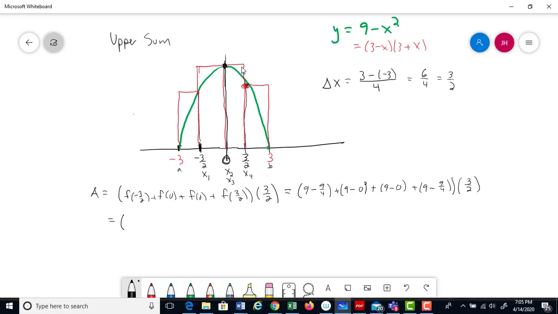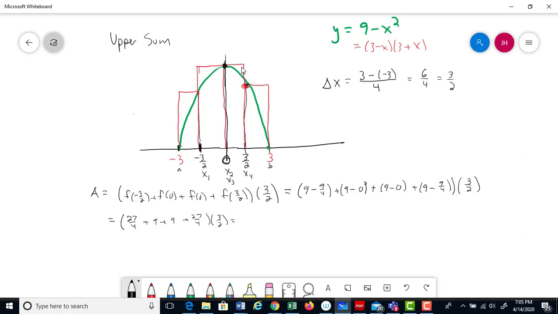So this is 36 over 4. So 36 minus 9 is going to be 27 over 4. So this is equal to 27 over 4 plus 9 plus 9 plus, again, 27 over 4, multiplied by 3 over 2.